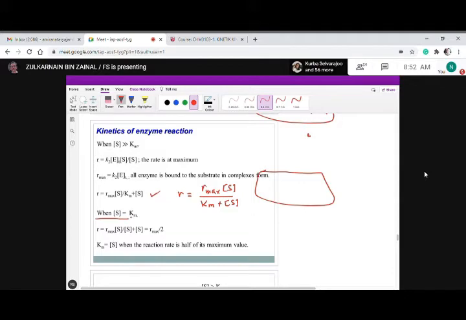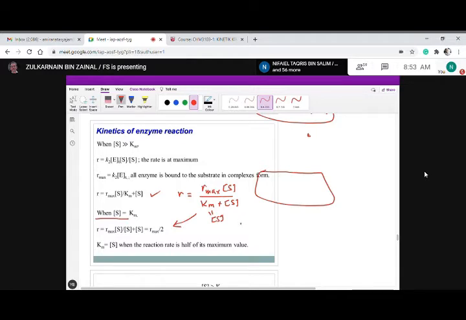And when the concentration of S is equal to Km, so if S equals Km, then you get two S in the denominator, Km plus S is two S, so then your equation will become just R max over 2.